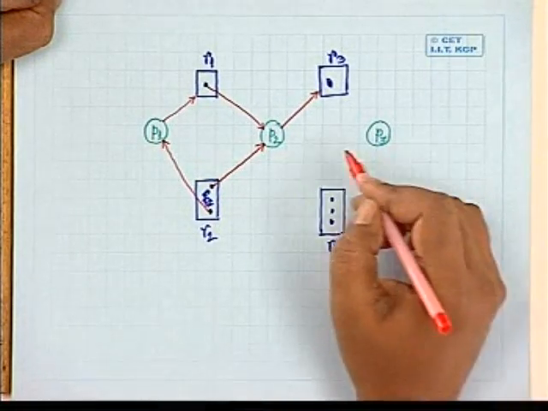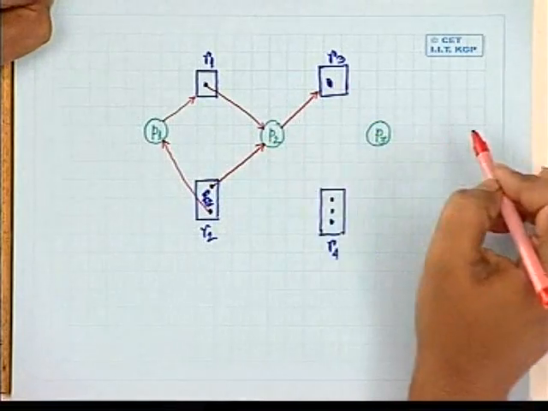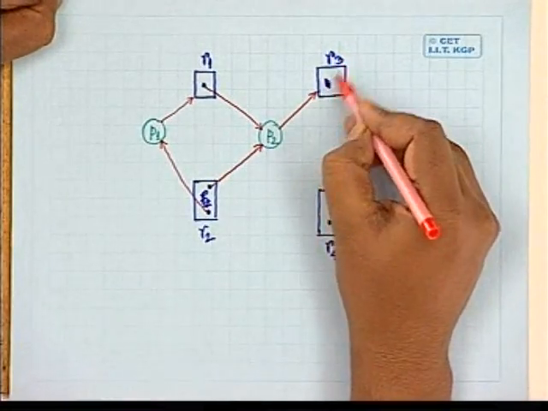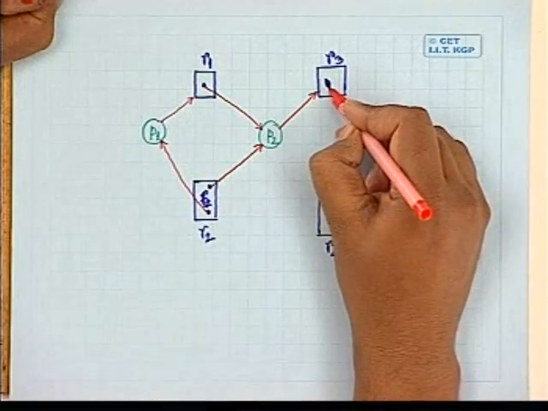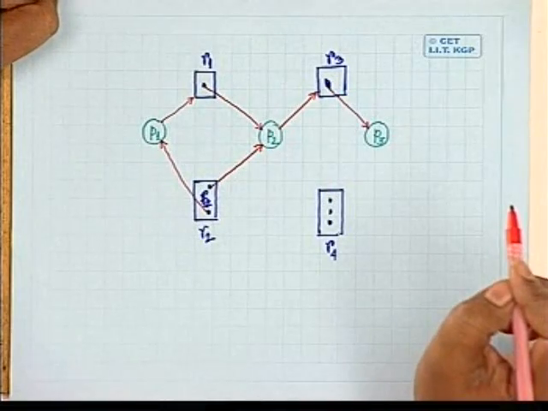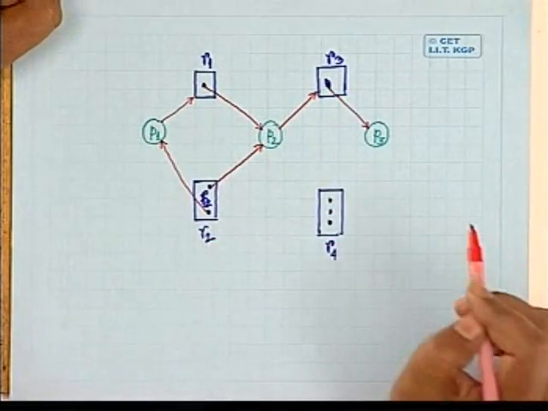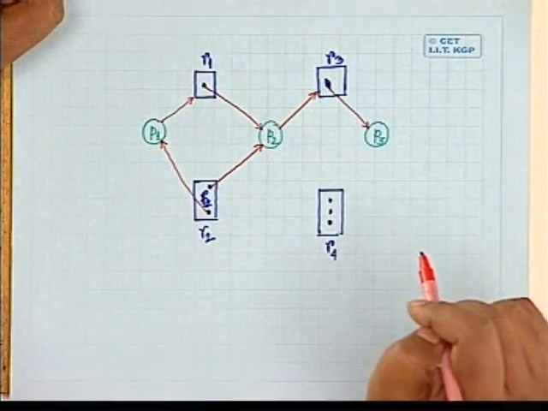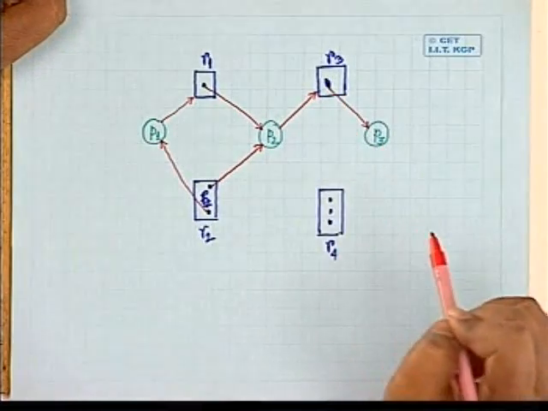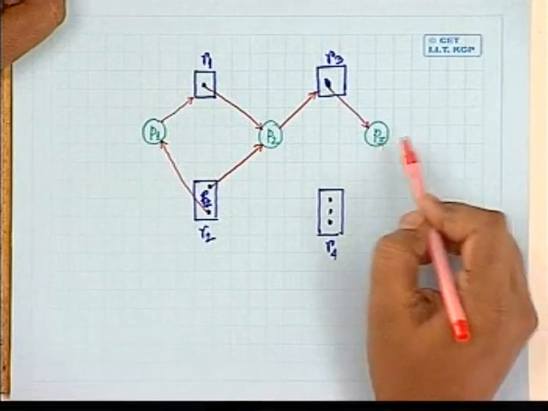Right? Now, at this point, maybe because R3 has got a single instance, this instance of resource type R3 is allocated to process P3. So I can have a situation like this, that at a particular time, an instance of resource type R3 is allocated to P3, and P3 is not waiting for any other resource.